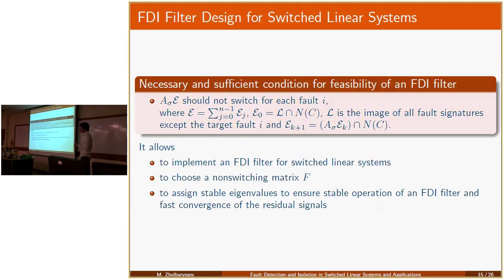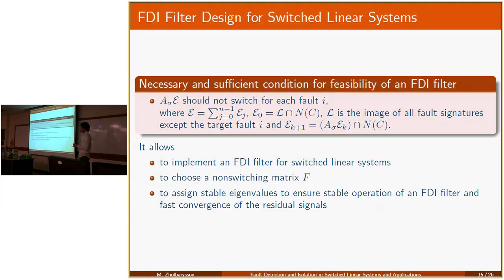Basically, the matrix A sigma epsilon, where epsilon is a matrix which is computed recursively by the algorithm described in the earlier paper on geometric control, should not switch if we would like to implement our filter.